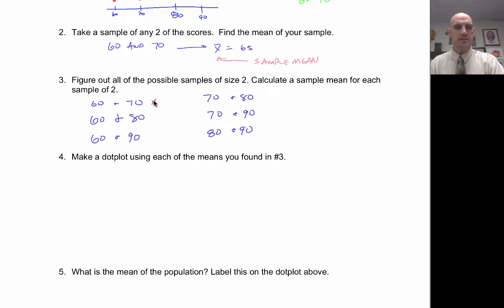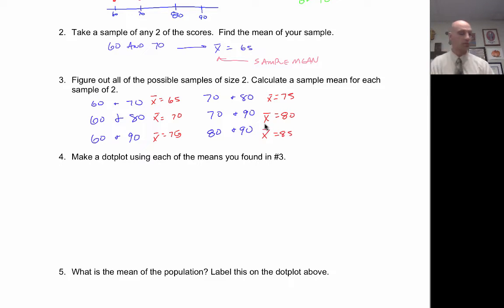You can easily see that our sample mean for each of these is different. Since we know the entire population, we're able to compare it pretty simply. So the mean of the first is 65, then 70, then 75. Over here, X bar equals 75, X bar equals 80, and X bar equals 85.